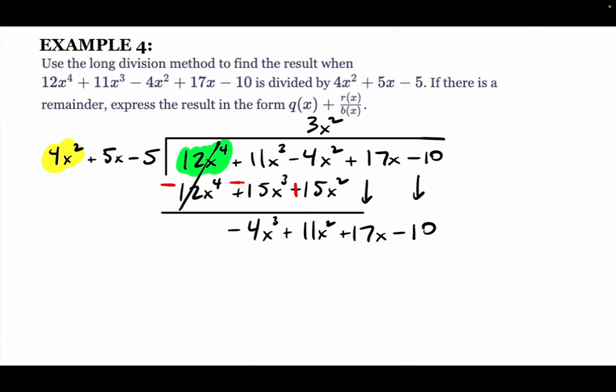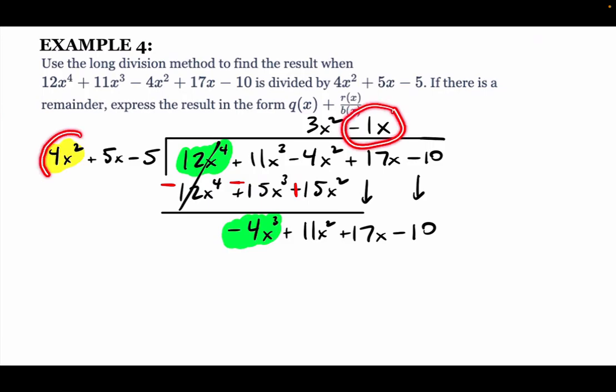Okay, new guy to match. So to make 4 into negative 4, I have to multiply times negative 1, right? I need to multiply times negative 1. And I need 1 power of x. So negative 1x, or just negative x. Multiply.